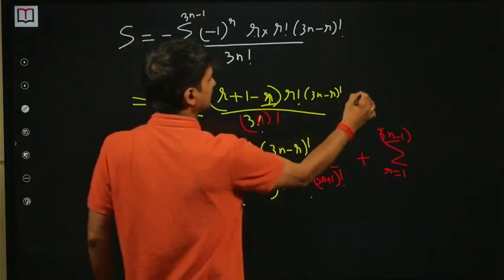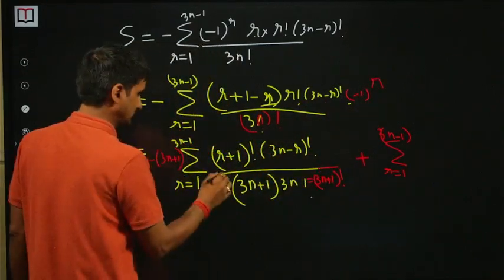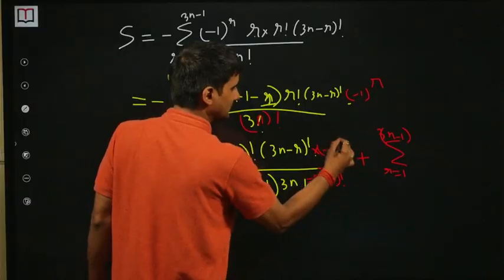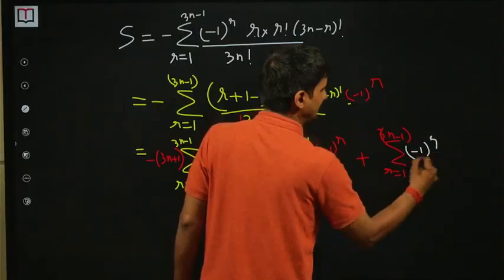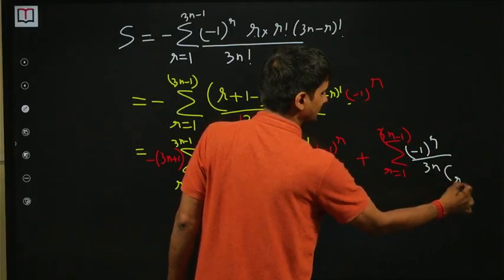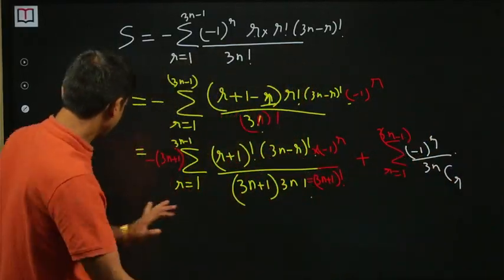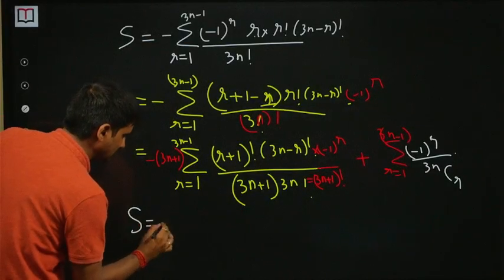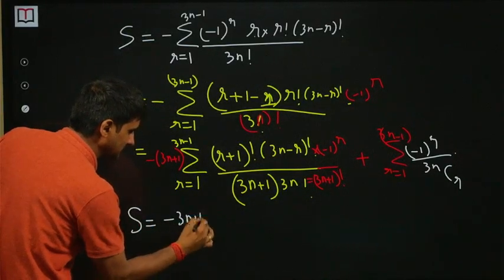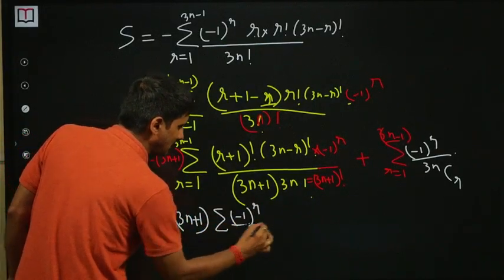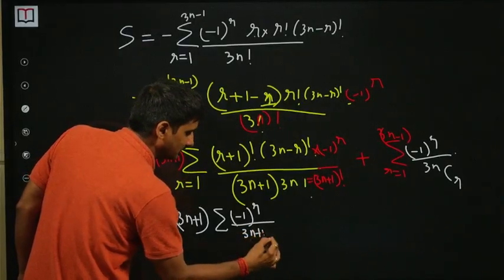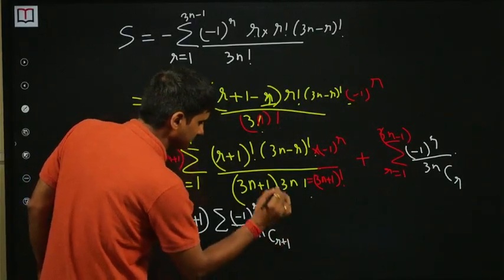I missed minus 1 raised to the power r also, so this has to be here also, minus 1 raised to the power r upon 3n choose r. Okay, I know this value. So S is equal to minus times 3n plus 1 summation of minus 1 raised to the power r upon 3n plus 1 choose r plus 1, children.